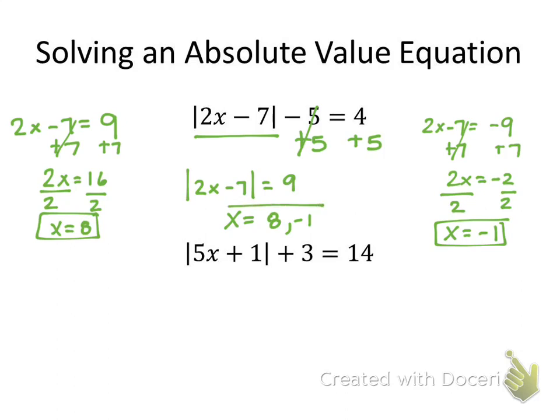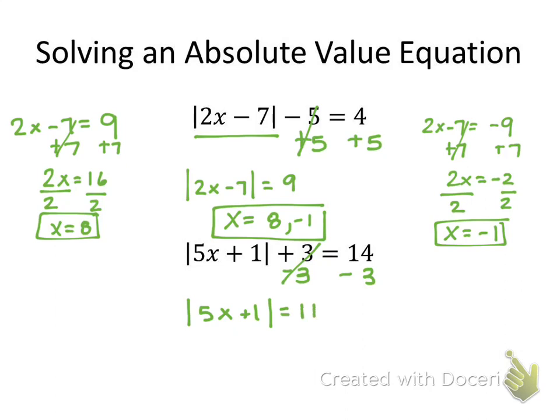All right, I want you guys to do this last one on your own. Okay, Kenzie, tell me, what did you do first? Subtract 3. Very good. We've got to remove the 3. So we need to subtract 3 first. And I get the absolute value of 5x plus 1 is equal to 11.